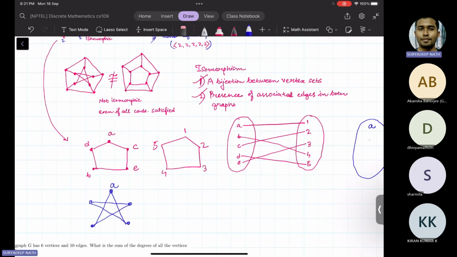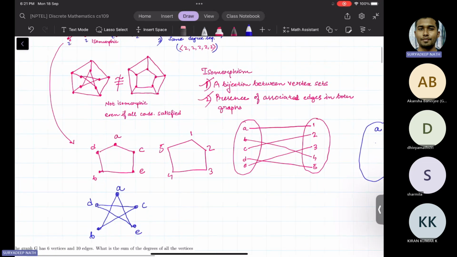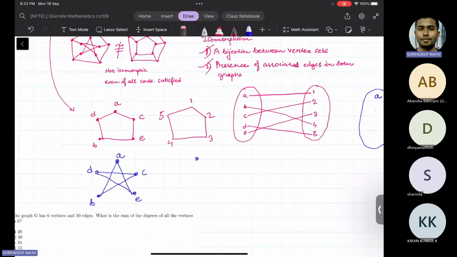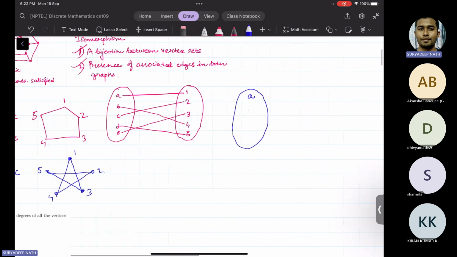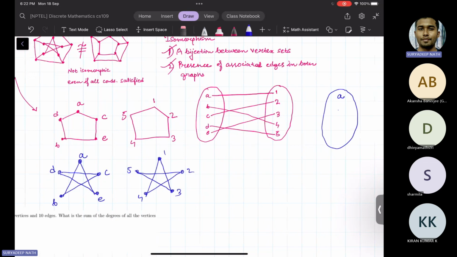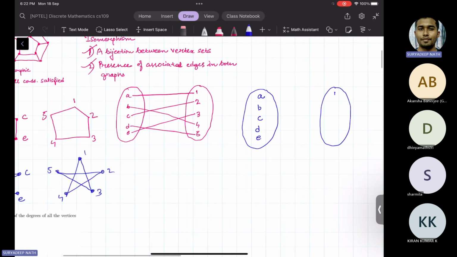So this is the complement. And similarly, the complement for this graph will also look like a star. So now the complement set is also a bijection. If you see A, B, C, D, E, and 1, 2, 3, 4, 5.